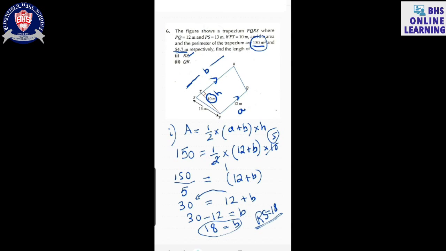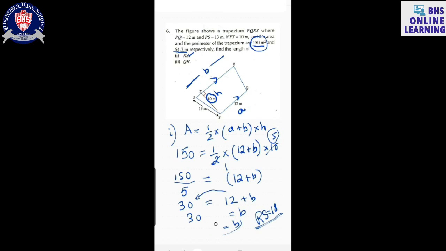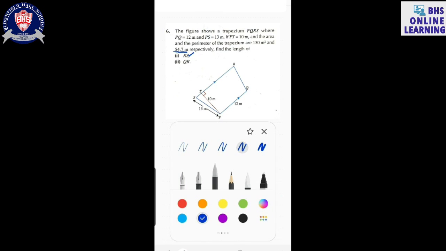Okay, let's find out the second part. In the second part, we need to find out QR. So first, locate QR in the diagram. So QR, where is QR?